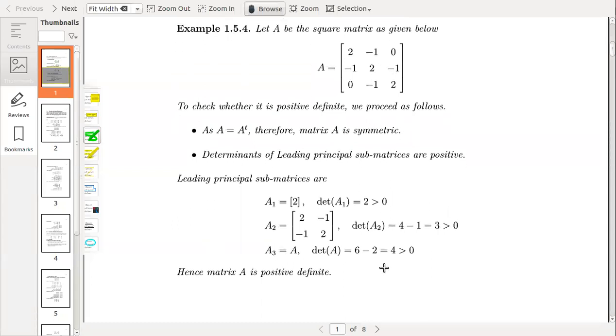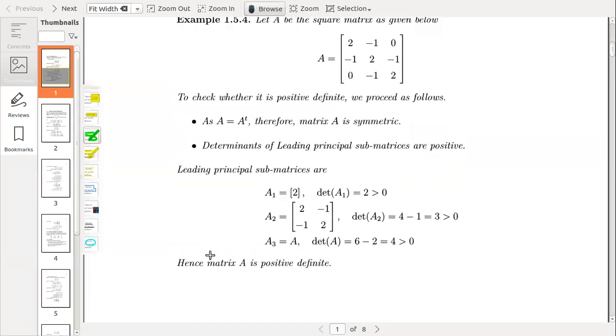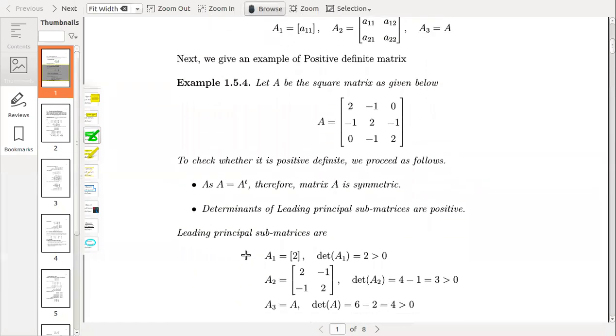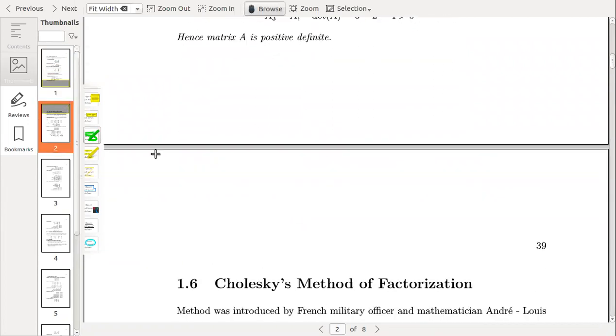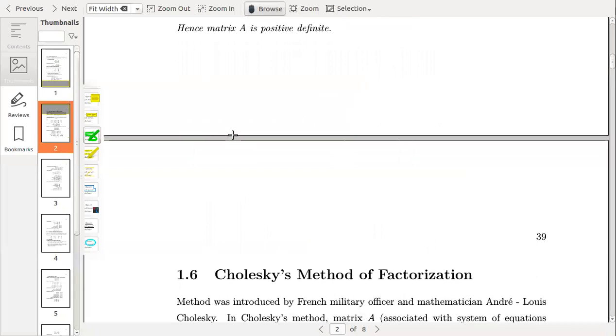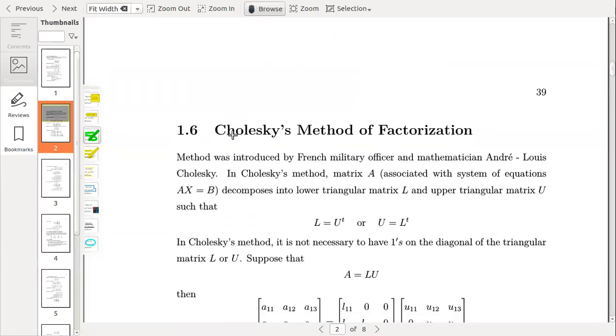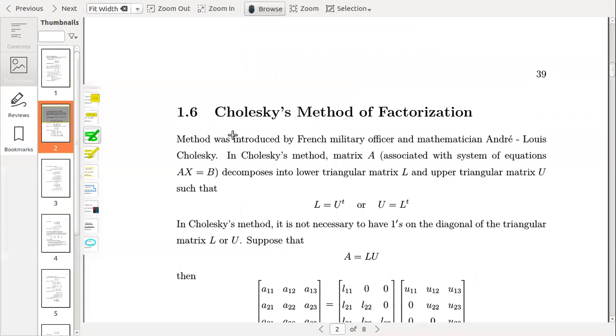So the second condition is satisfied. Hence the given matrix is positive definite. So again I repeat, if the given matrix is positive definite, then the Cholesky method must converge, meaning it will provide you the solution. And if it is not positive definite, it may or may not provide the solution.